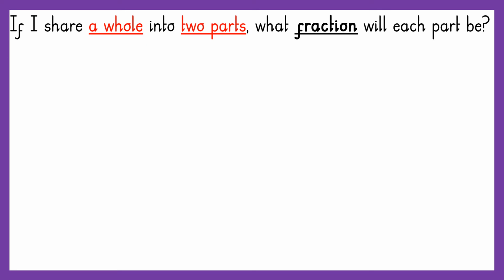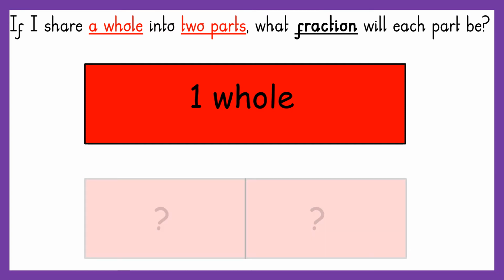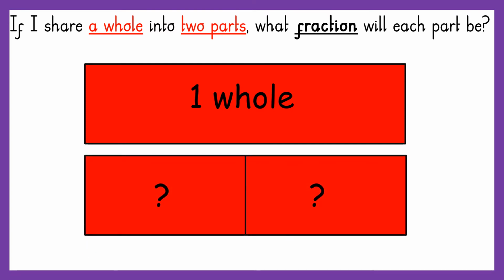If I share a whole into two parts, what fraction will each part be? Here is a whole. If I take this whole and divide it into two equal parts, then I know the denominator, that's the number at the bottom of the fraction.